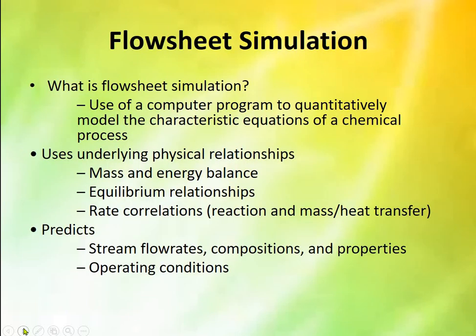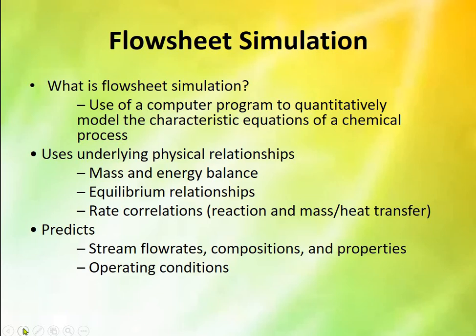Now what is flowsheet simulation? Flowsheet simulation is actually the use of a computer program to quantitatively model the characteristic equations of a chemical process. Now in any chemical process there are some underlying physical relationships like mass and energy balance, equilibrium relationships, rate correlations, right, like reaction and mass and heat transfer.